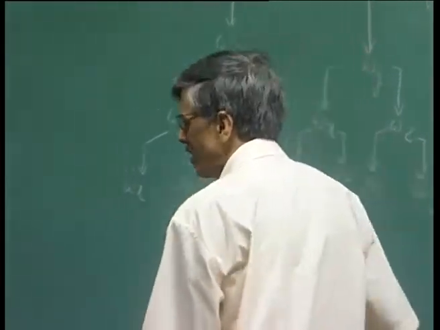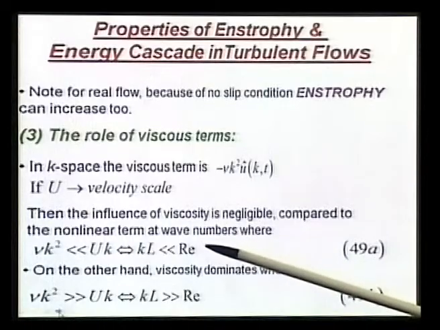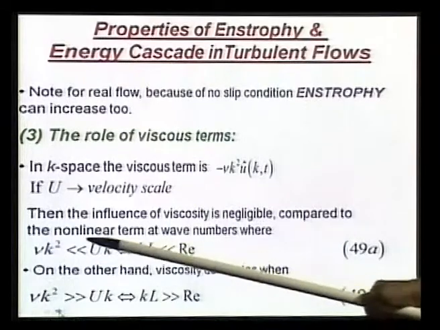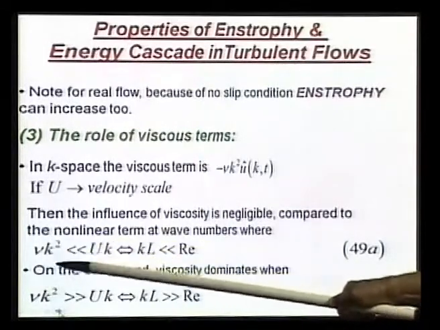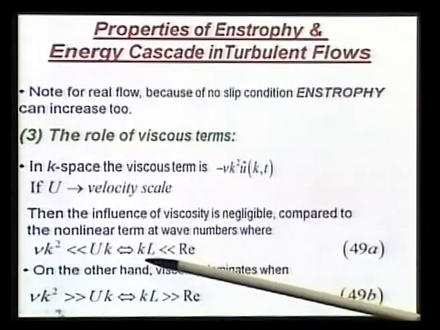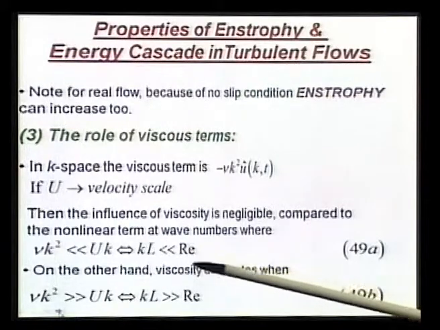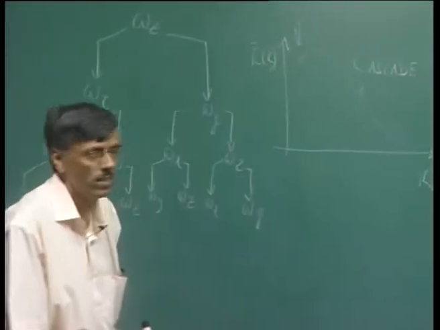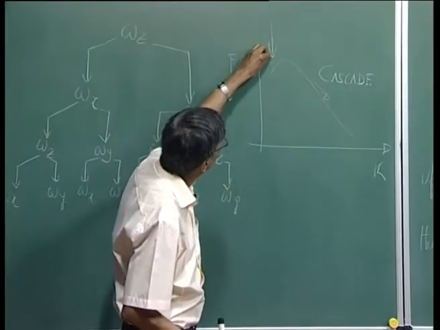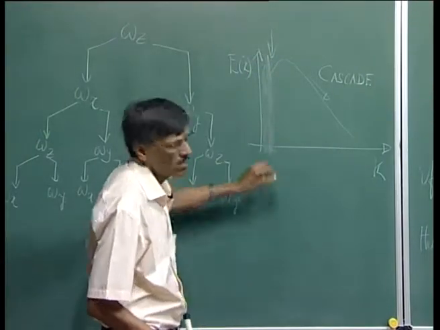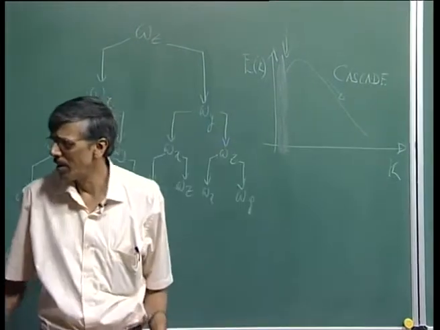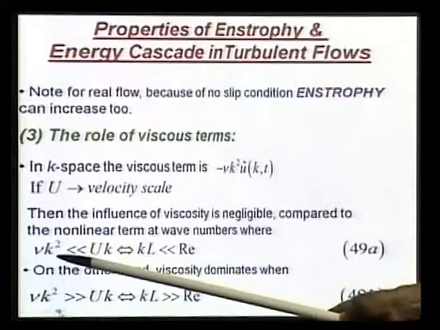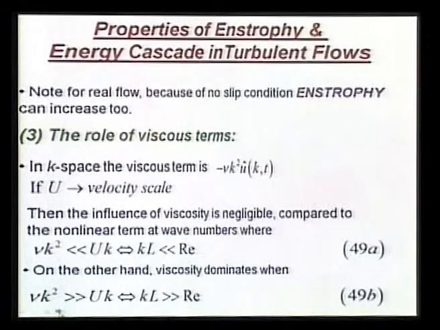That is what we are saying, because R e is large, and to have this condition validated, we must have the corresponding non-dimensional k much smaller than R e. So, this is the region where the viscous effects are negligible compared to the convection terms, the nonlinearity.